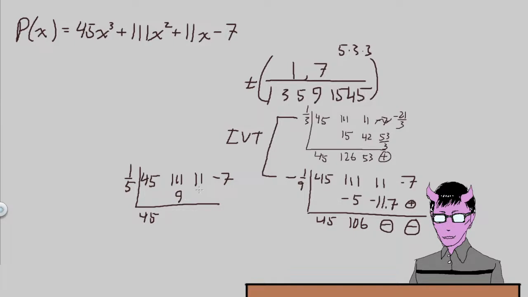Product. Sum. Product. That's going to be 24. Summate that. Oh, that's perfect. Yes, 35. Product is 7. Perfect. Summating that, we get a remainder 0, which is exactly what we want, which means this is a 0, which means one of our factors is x minus 1/5.